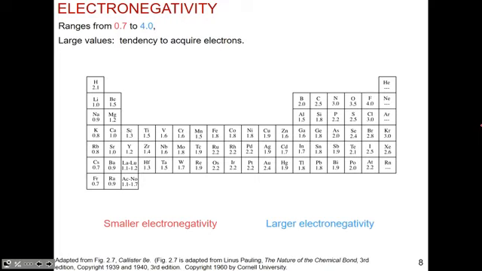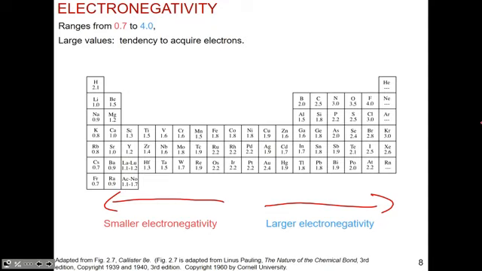The range is about 0.7 to 4, and as I've just said, the larger numbers tend to have a tendency for the element to acquire electrons, so they're most likely going to be anions. And same thing, the trends tend to go like that. As you go to the right of the periodic table, you get larger electronegativity. To the left, you get smaller electronegativity.